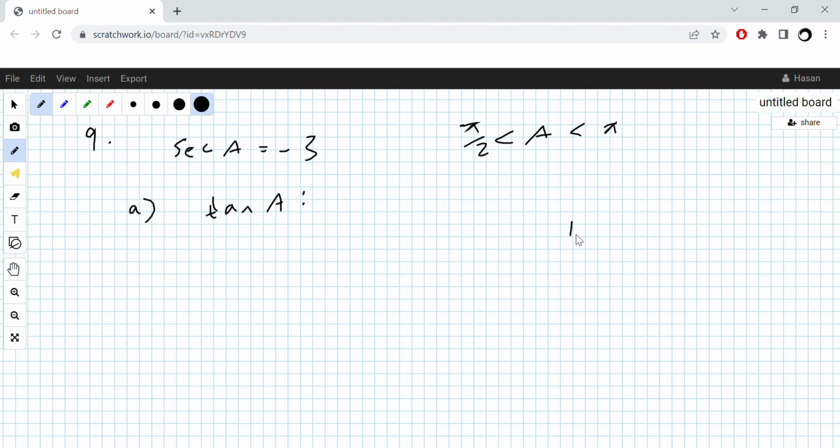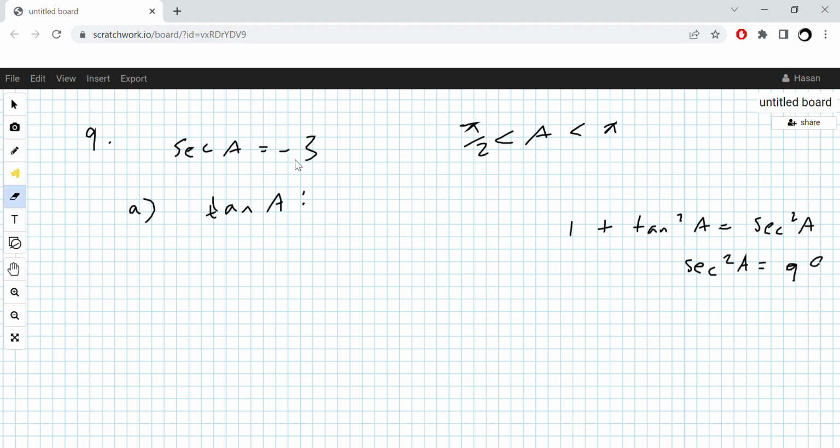So 1 plus tan squared A equals sec squared A, and in this case sec squared A equals plus 9, because minus 3 squared gives us 9.